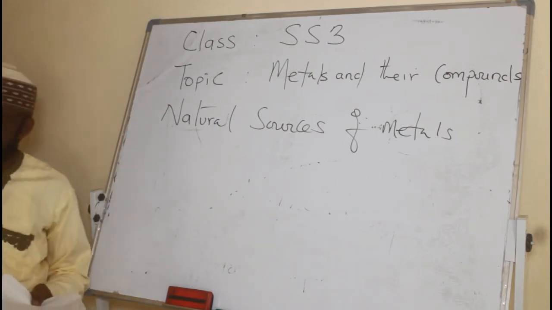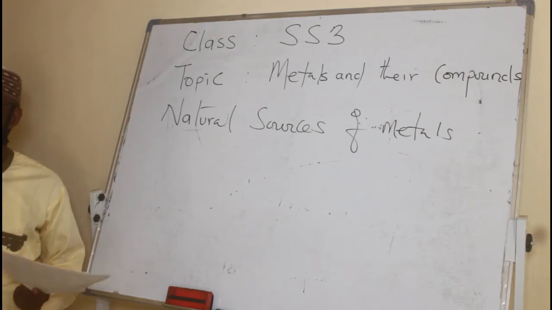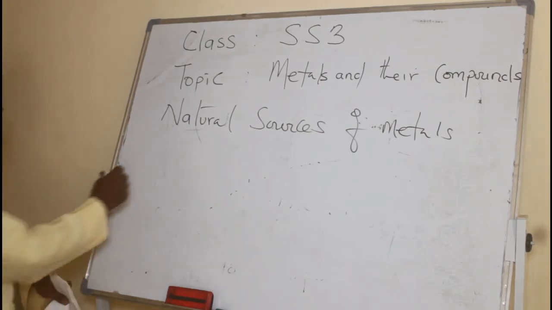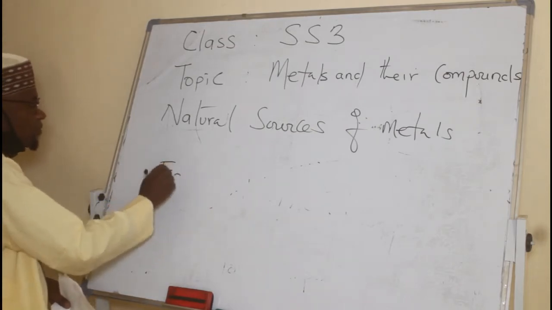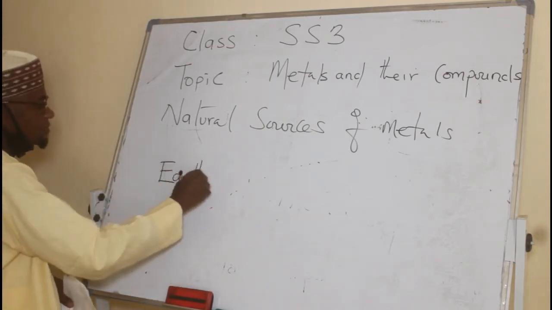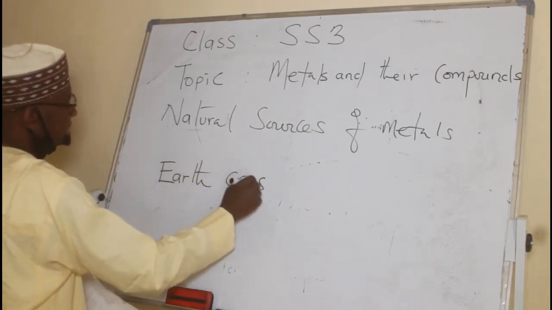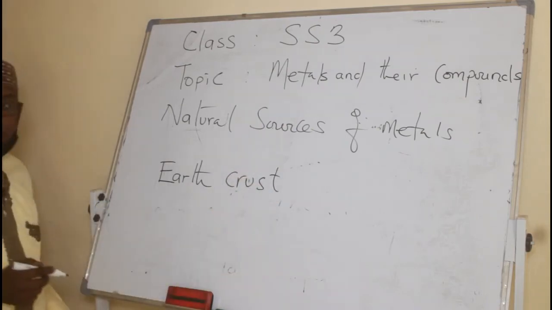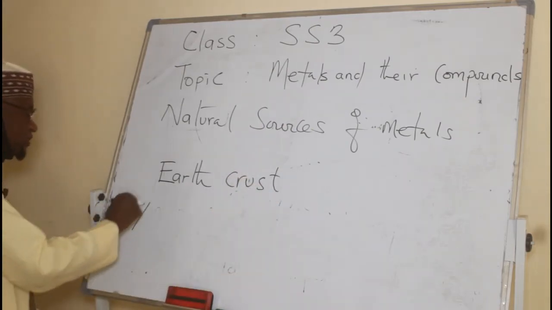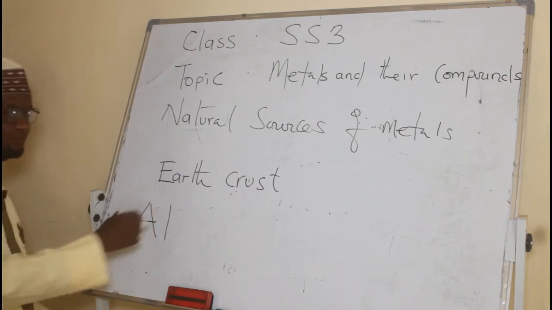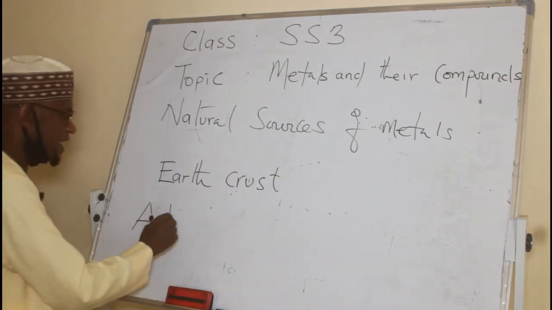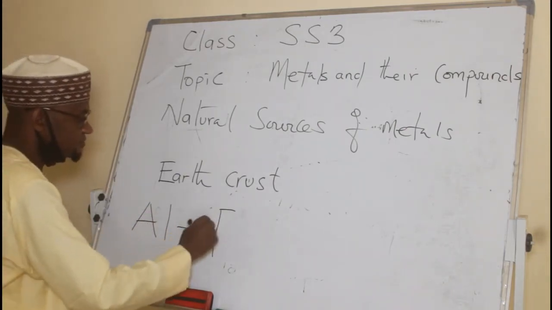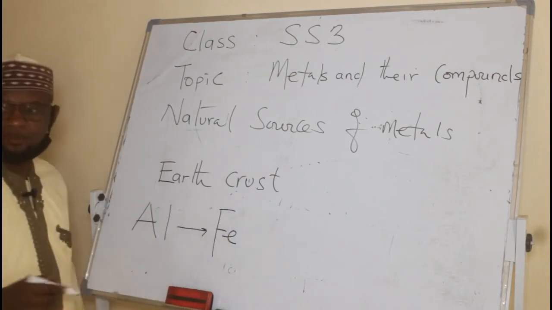So scientists have discovered the relative abundance of the metals that we have been mentioning. When you consider the Earth crust, the most abundant element in the Earth crust is aluminium, then followed by iron. Are you with me?